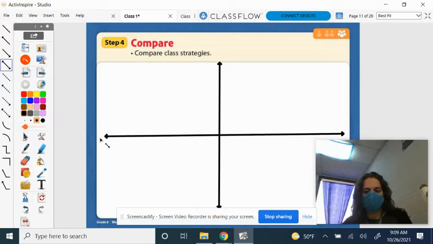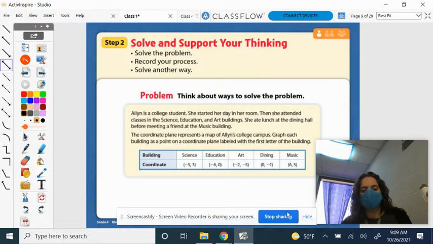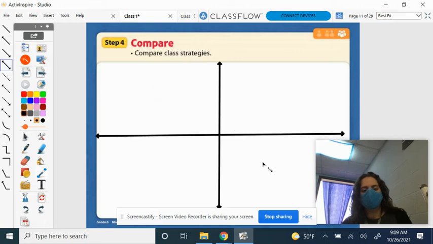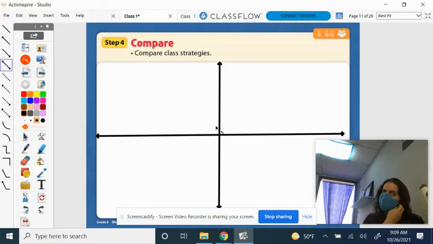I don't understand how we're supposed to graph. You're taking the points right here and you're putting them on a graph. But you have to draw the graph. If graph is a verb, it's something that you do.